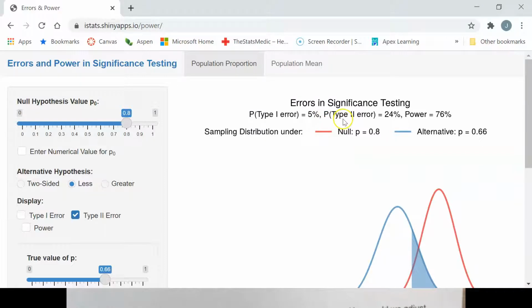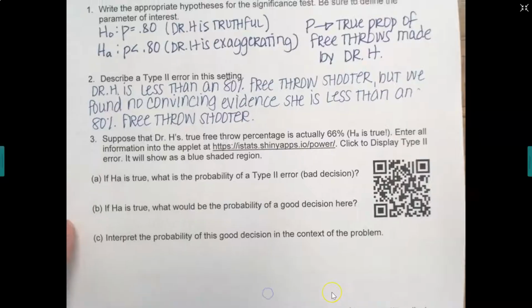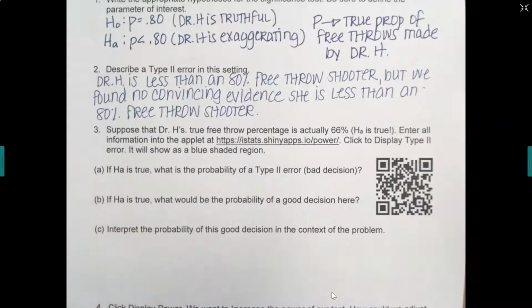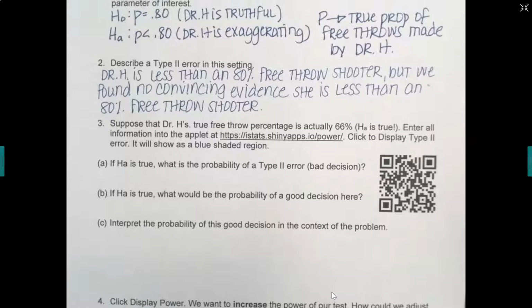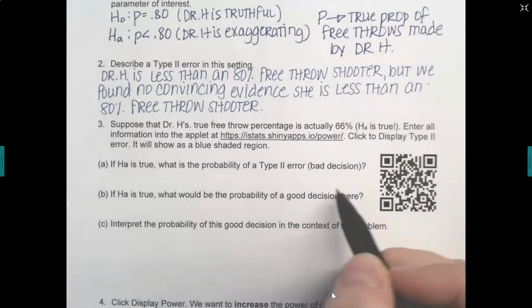Now, the probability of a type 2 error, they're calculating for us. We are never going to calculate this. We only have to understand the relationship that goes on. And our power is 76%. So when we look here, we say, if Ha is true, what is the probability of a type 2 error or a bad decision?